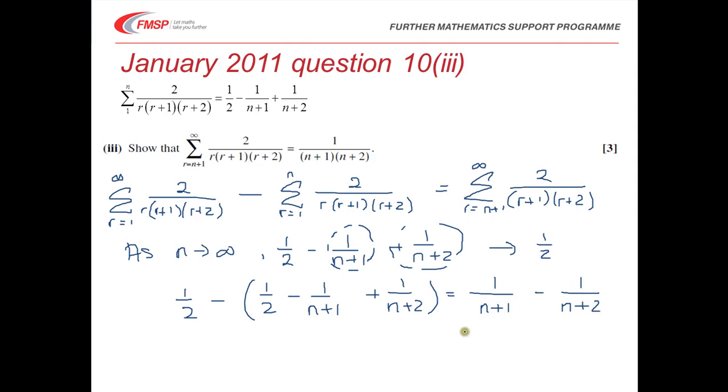If we take a common denominator of n plus 1 times n plus 2, as you can see from the answer we're going to need to do, we end up with n plus 2 minus n minus 1, which gives us our required answer.